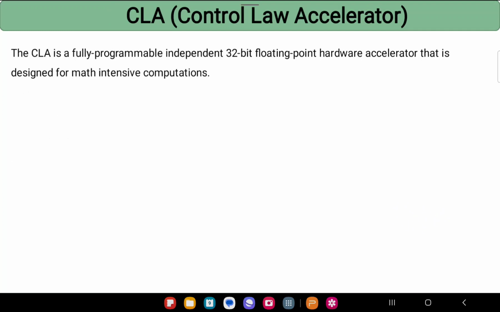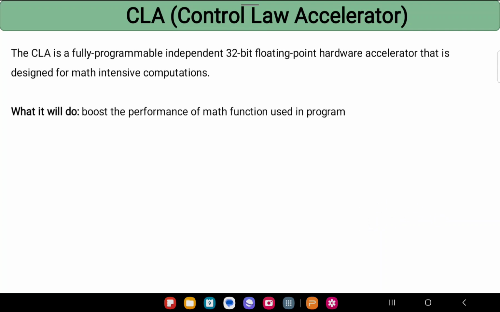The CLA is a fully programmable independent 32-bit floating point hardware accelerator that is designed for math intensive computations. It will boost the performance of the math functions used in the program. As it runs concurrently with the CPU, it will boost the performance of your program.